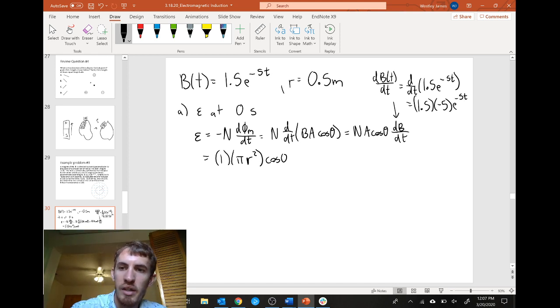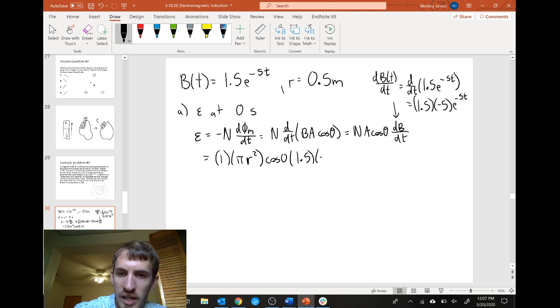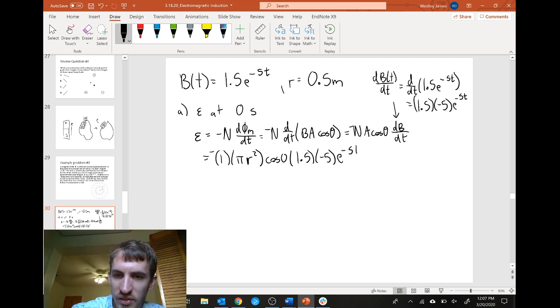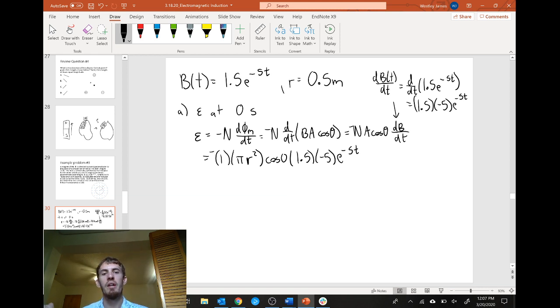There you go. So you just plug that in, 1.5 times negative 5 times e to the negative 5t. Now it's just plugging and chugging. Plug in the radius, plug in the times, and that's how you're going to solve all of these.